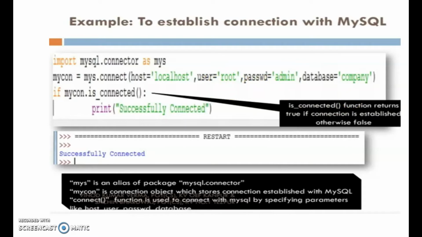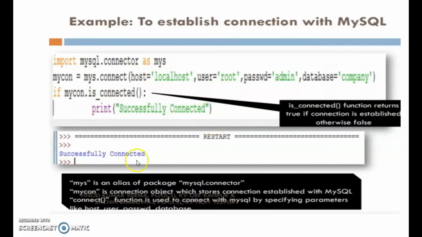This command will establish a connection to the MySQL database with host localhost, user root, password admin and database company. Then, if mycon.is_connected(): is_connected is a function that returns True if the connection is established, otherwise False. If the connection is established, print successfully connected.